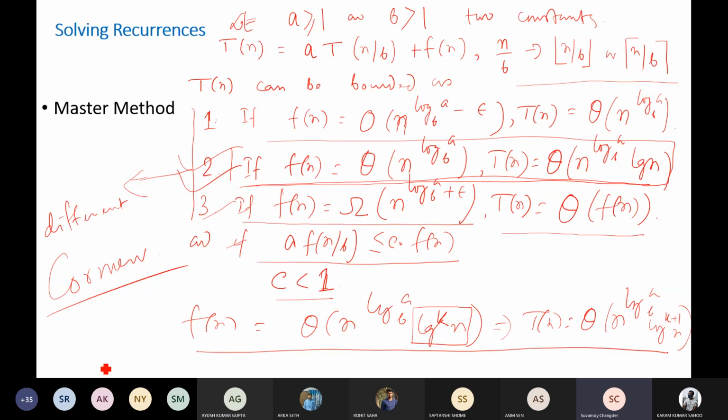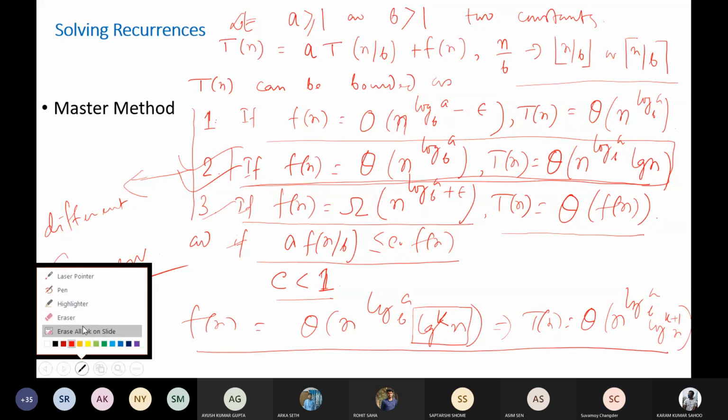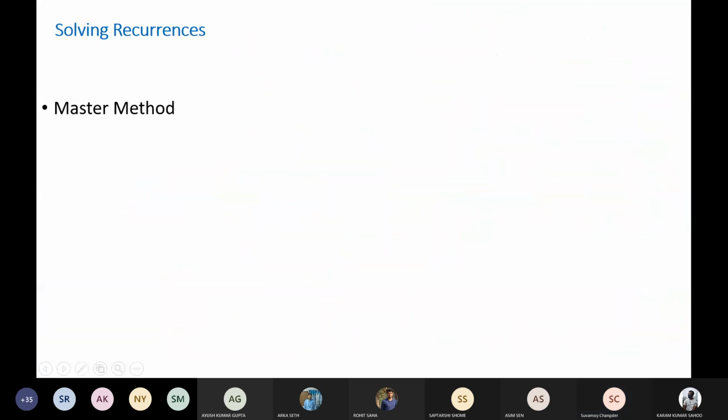Let us consider some example, then only it will be clear. Let a recurrence relation be given as 9 T(n/3) plus n.